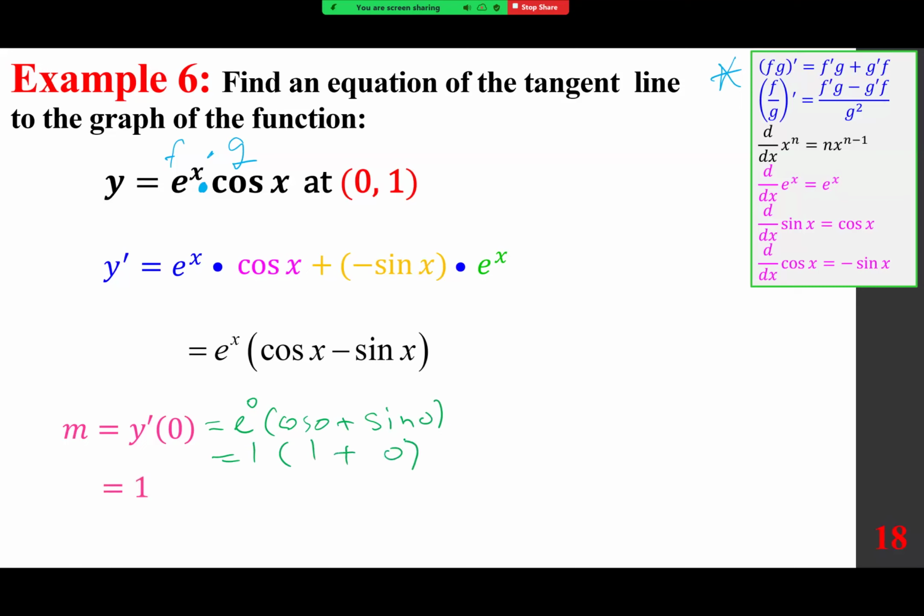So instead of using y minus y1 equals m times x minus x1, the point slope form, because the y-intercept is given and b equals 1, we use y equals mx plus b. It so happened both m as well as b are the same value, 1. It's not the case always. It just happened to be in this case.